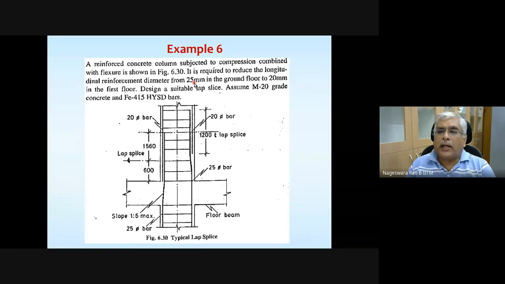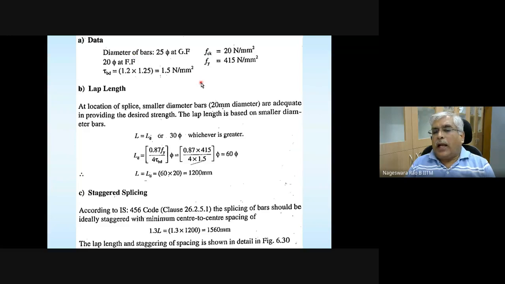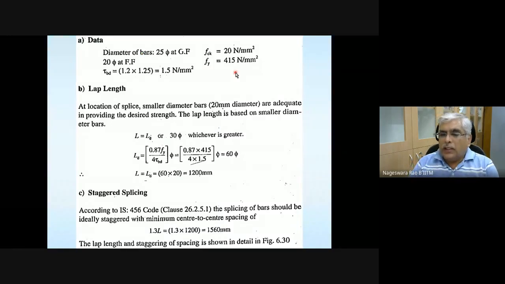25 mm bar needs to be spliced with 20 mm diameter bar. We need to design a suitable splice, and grade of concrete is given, grade of steel is given. Okay, as usual, making use of all this information. Please note that this column is under compression along with flexure.